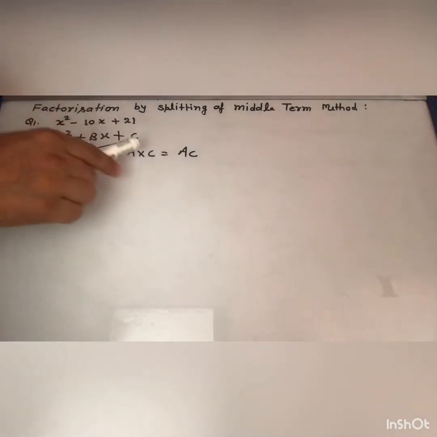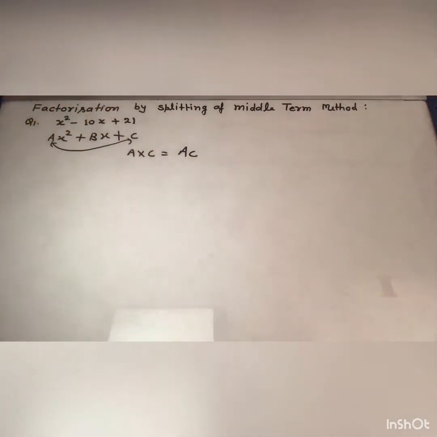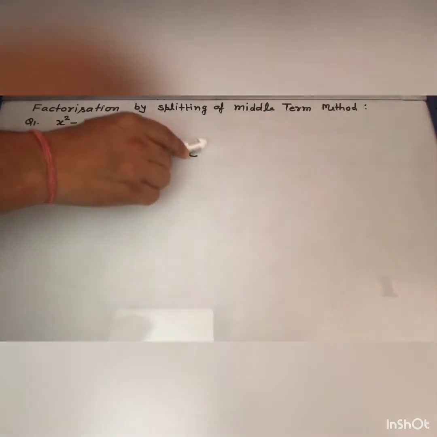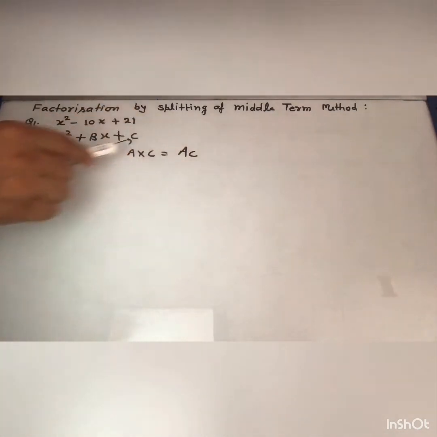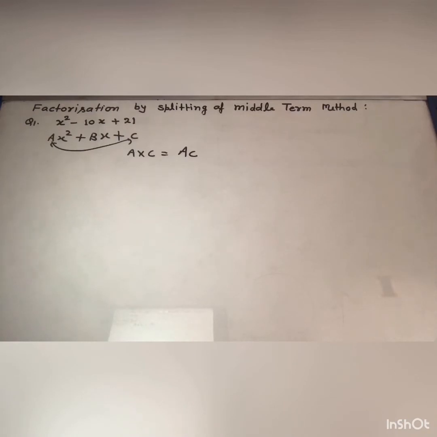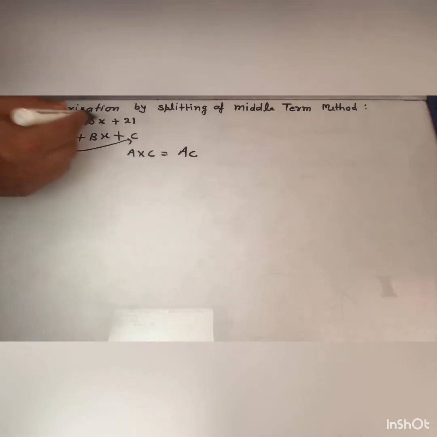And if this multiplication is negative, then we get the middle term b by subtraction of the factors in two parts.